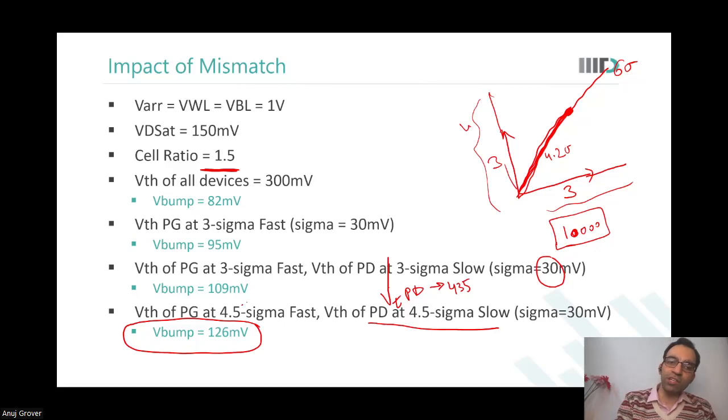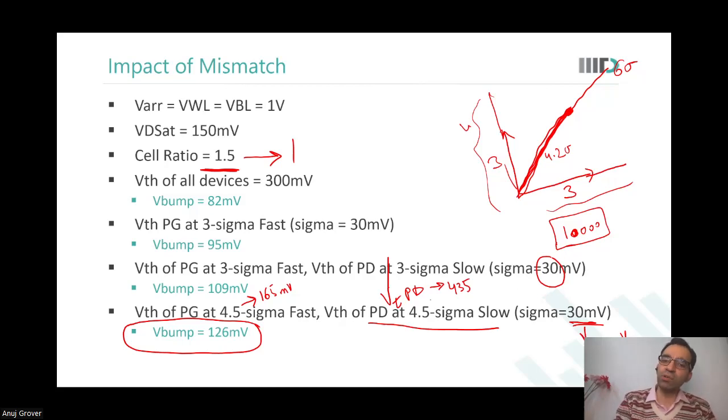And the VT of the pass gate is? 165 millivolts, because my sigma was 30 millivolts there. If I use cell ratio of 1, probably that sigma would reduce to 20 millivolts. And these are just hypothetical numbers as of now.